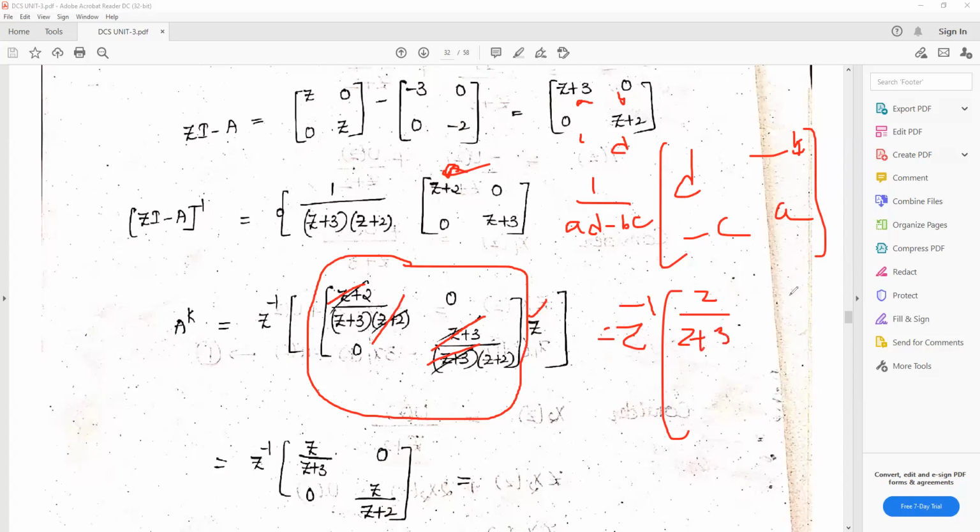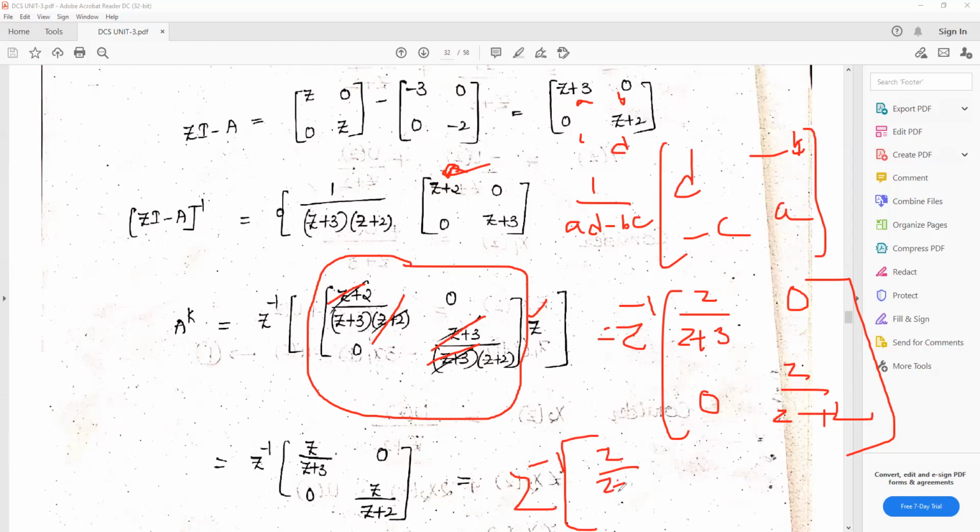The second term is 0, because Z into 0 is 0, and the third term is also 0. The fourth term is Z by Z plus 2. Now apply the inverse z transform of Z by Z plus 3, 0, 0, Z by Z plus 2.